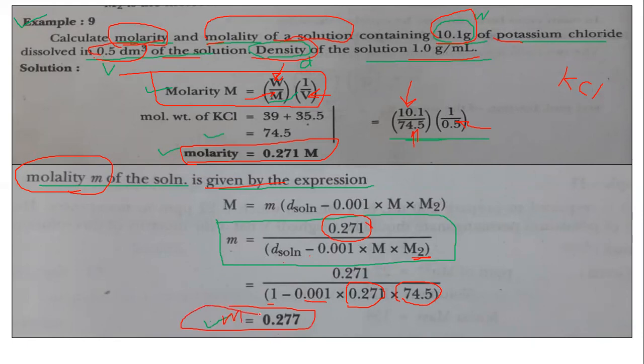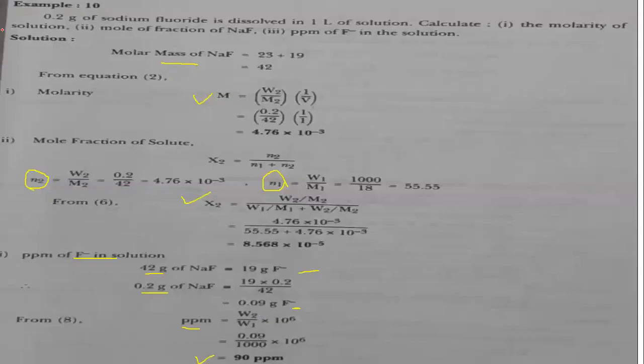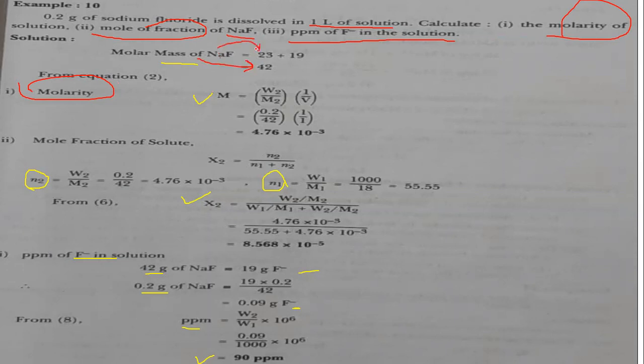Now here it is. 0.2 gram of sodium fluoride is dissolved in 1 liter of solution. Calculate molarity, then mole fraction of sodium fluoride and ppm of sodium fluoride solution. We'll see first molarity. First see what is the molar mass of sodium fluoride. Na atomic weight this much, fluoride atomic weight this much.